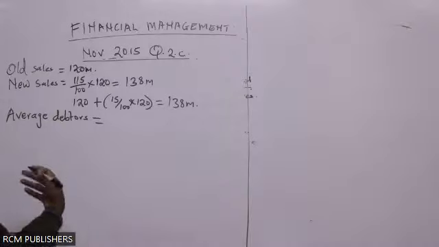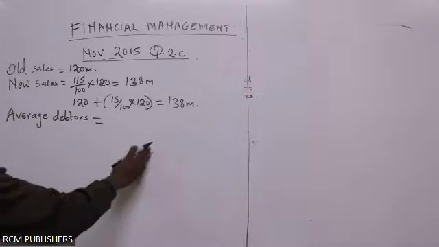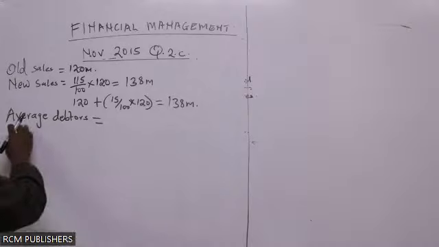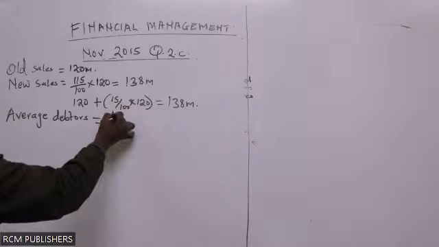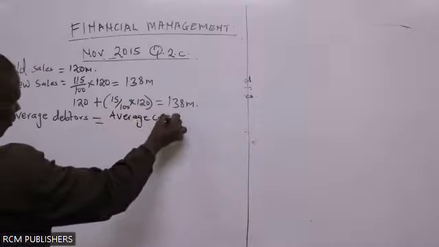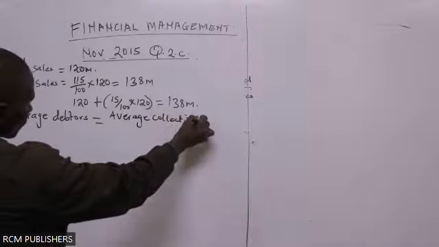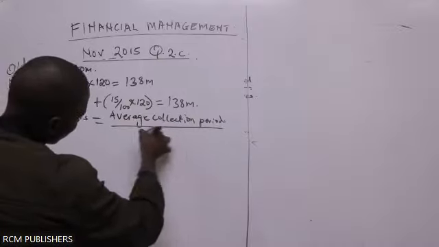The formula I gave you is the average correction period. Let's see from that formula how we can deduce average debtors. It is average correction period over number of days.